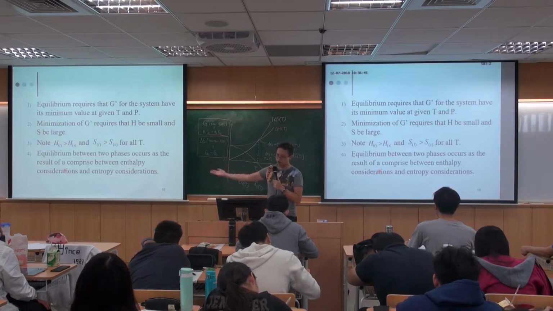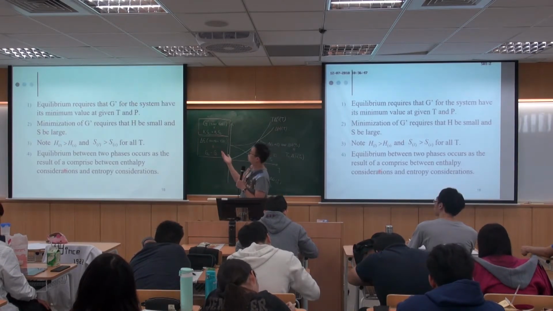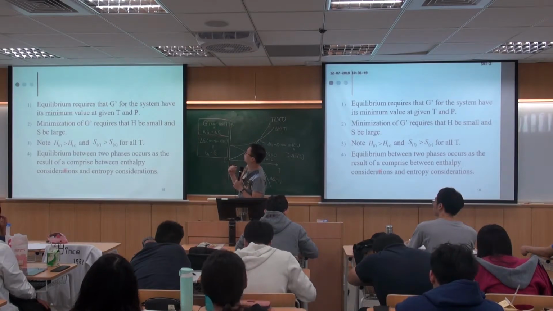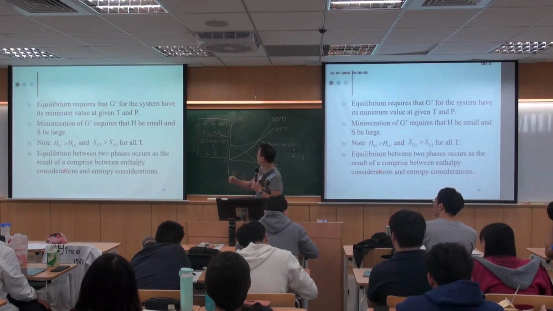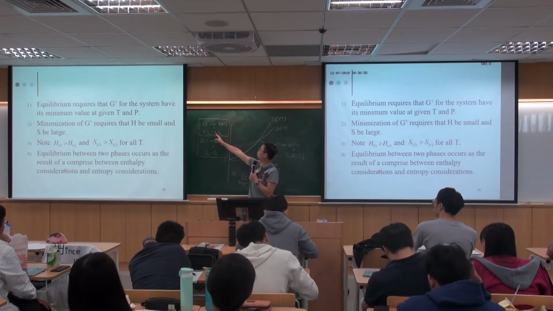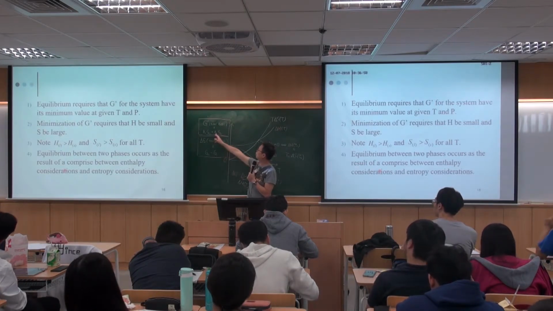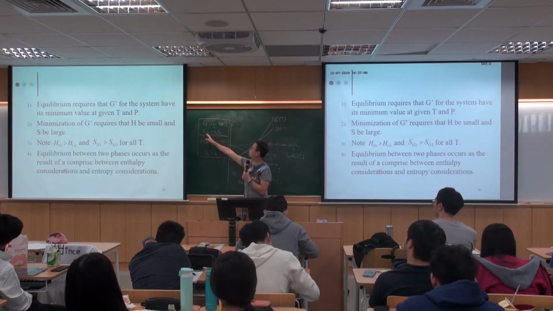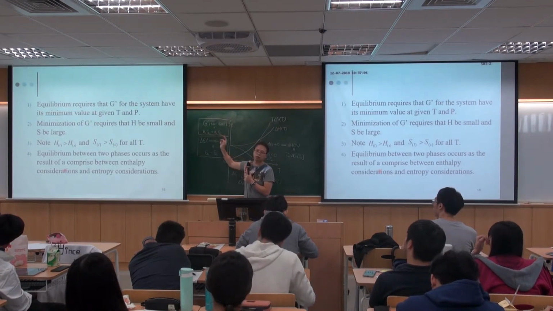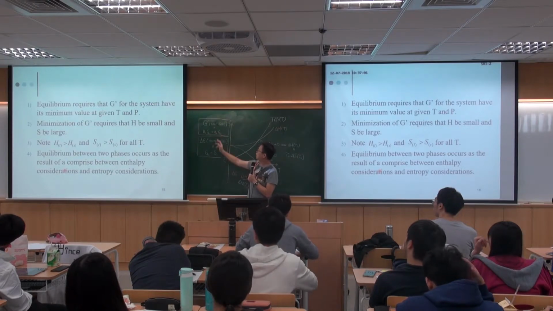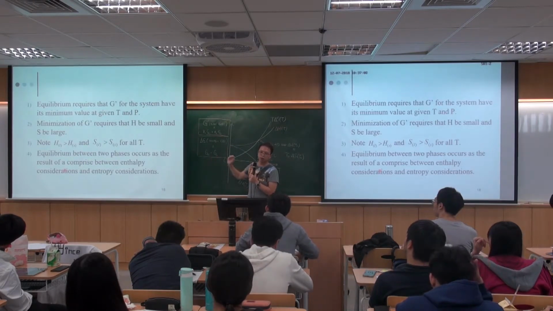So in words, we say equilibrium requires that G prime for the system have its minimum value at given T and P. But we didn't actually solve for what the equilibrium values of, for instance, N1 and N2 will be. We're actually only dealing with this thing.